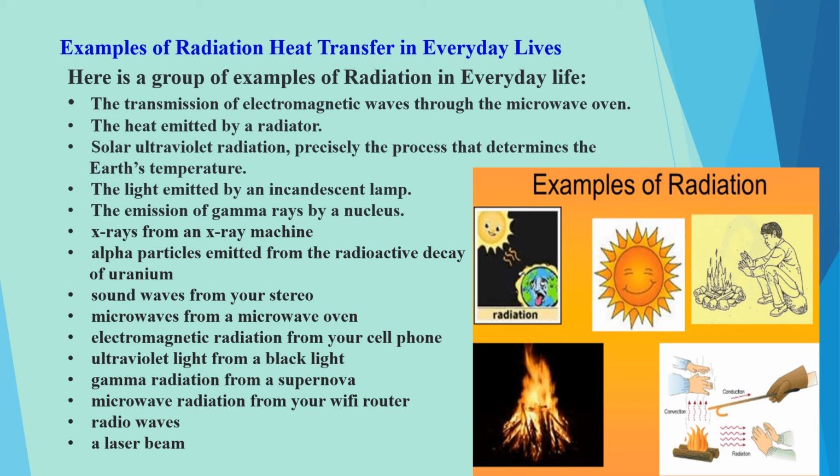The transmission of electromagnetic waves through the microwave oven. The heat emitted by a radiator. Solar ultraviolet radiation, precisely the process that determines the Earth's temperature, and so on and so forth. We have the radio waves, a laser beam.